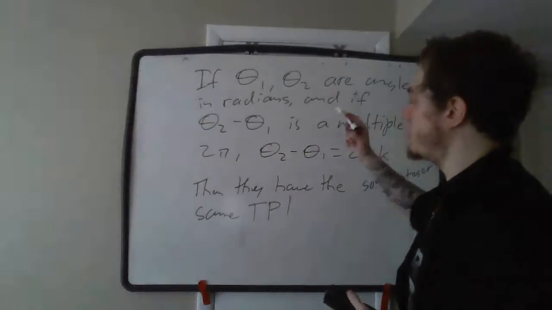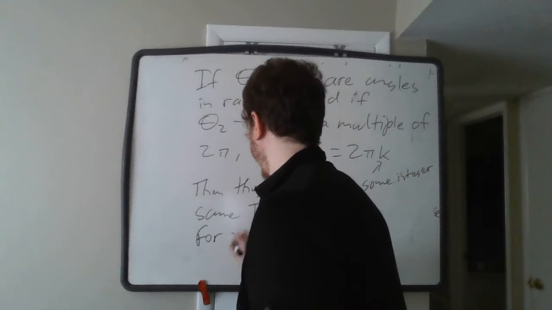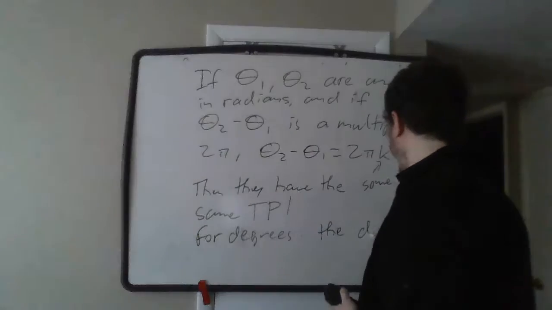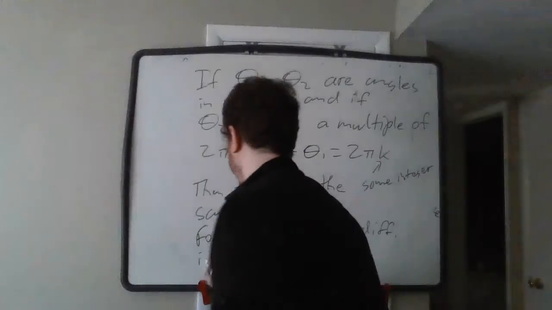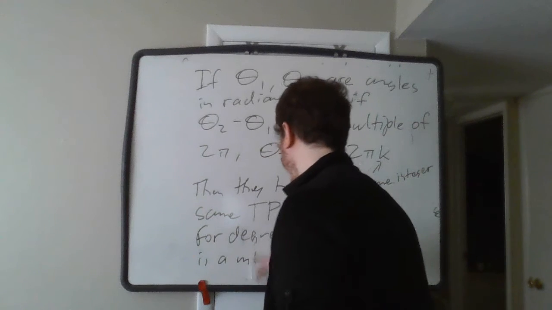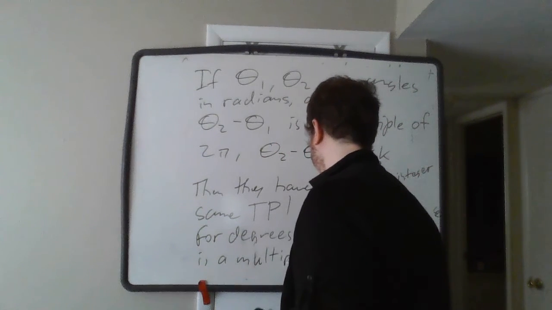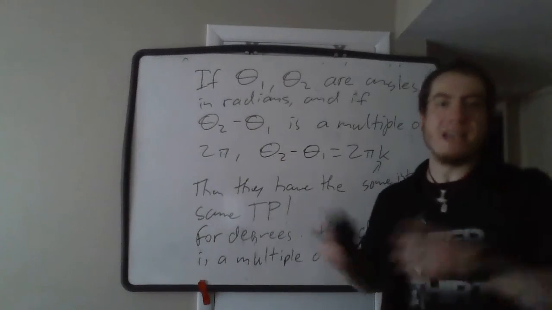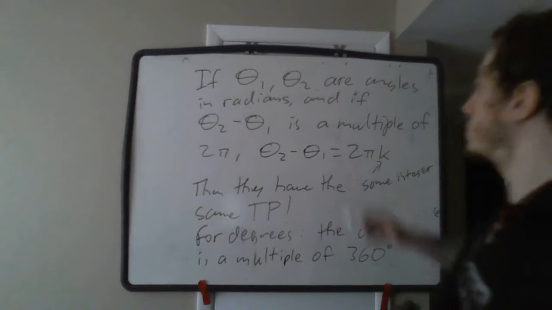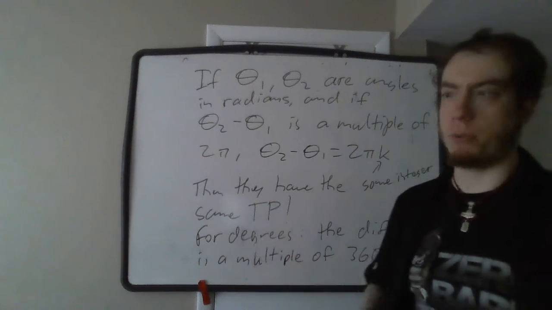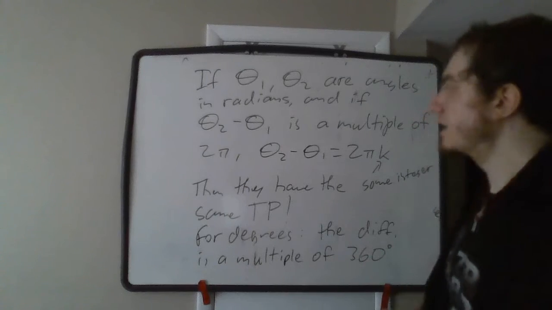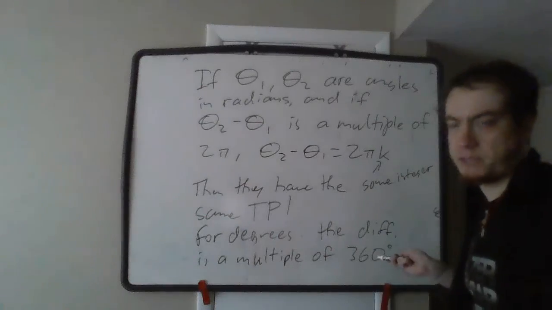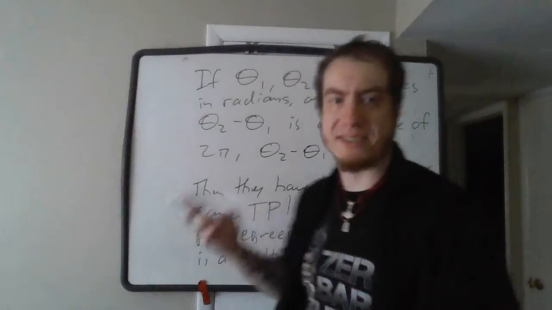If you prefer doing this in degrees, in this case, the difference is a multiple, which apparently I can't write, of 360 degrees. Again, this is what you would expect, because we're saying two angles have the same terminal point if they differ by one complete circle. Well, one complete circle, if I measure it in degrees, is 360 degrees.